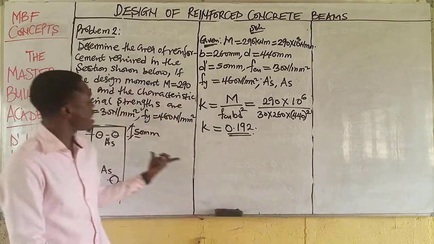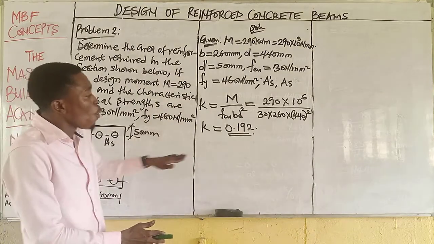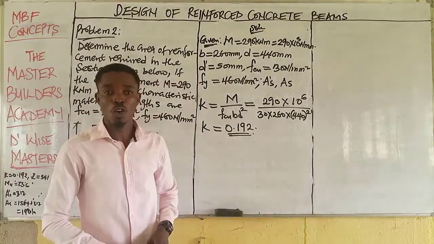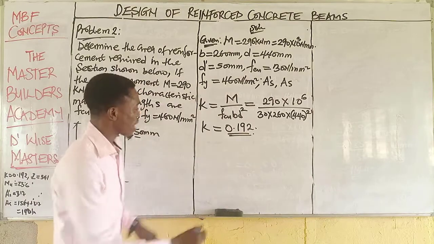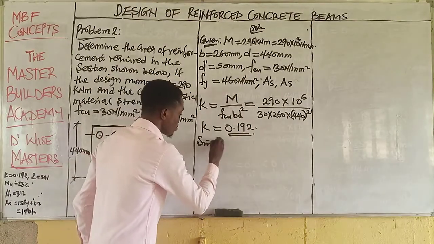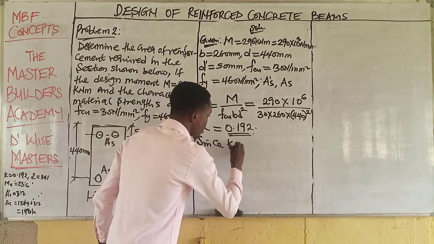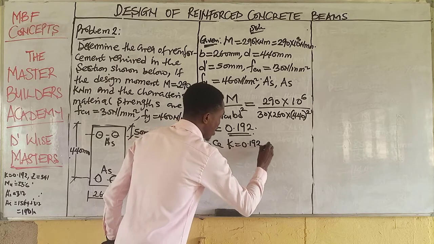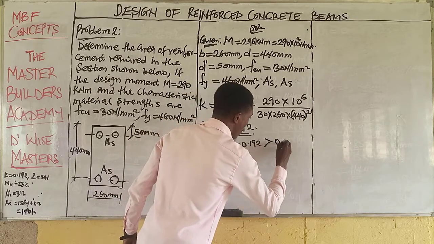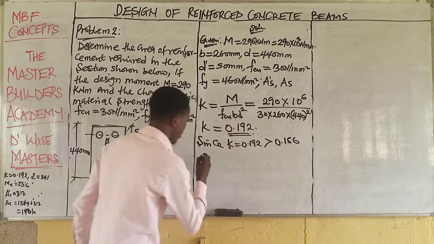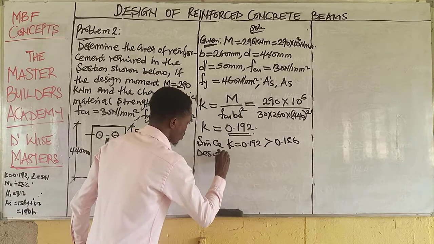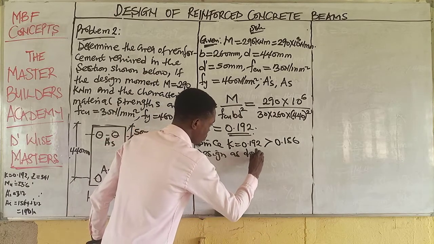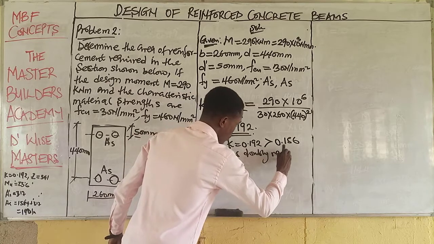So truly, from this indication, we are to design this structure as doubly reinforced. So since K is equal to 0.192 and is greater than 0.156, then design as doubly reinforced.